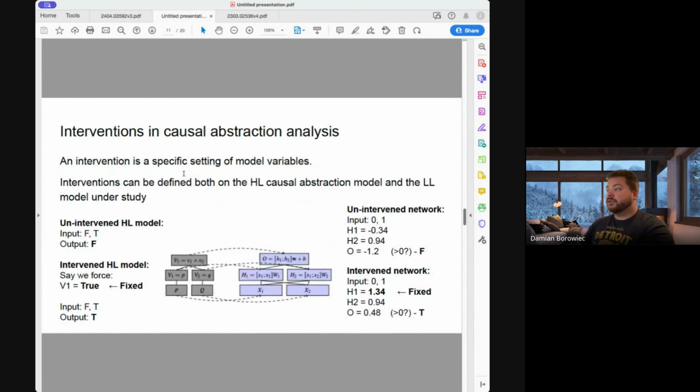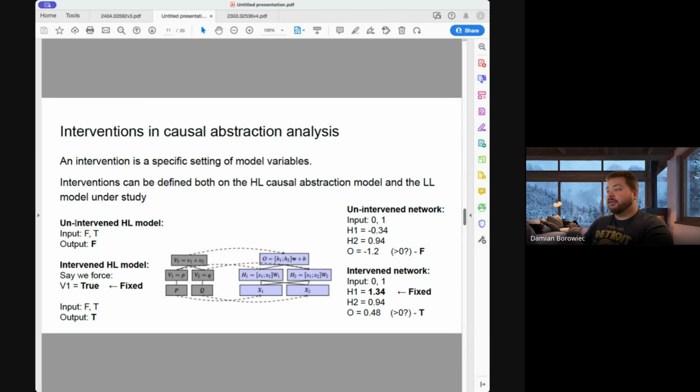One way to perform this analysis is to use interventions. An intervention is essentially a specific setting of the model variables for both the high-level model and the low-level model, and they can be defined on both of these models. Here again is an example of this.